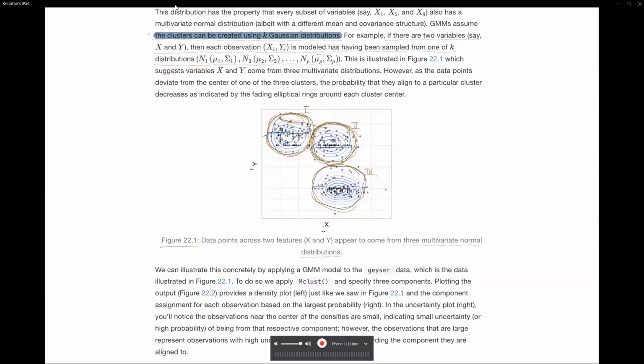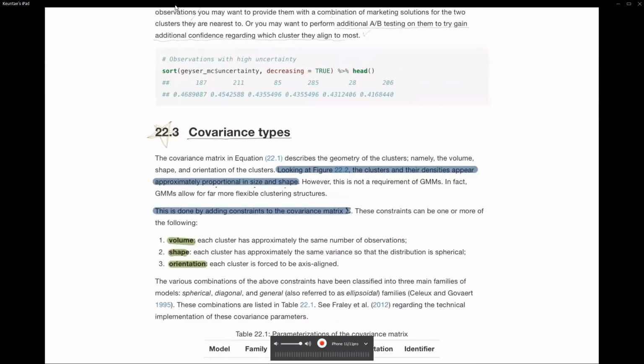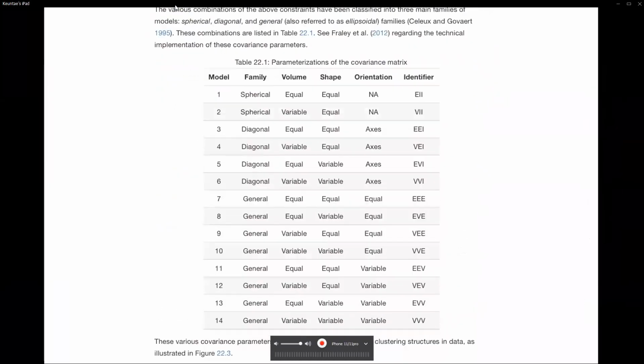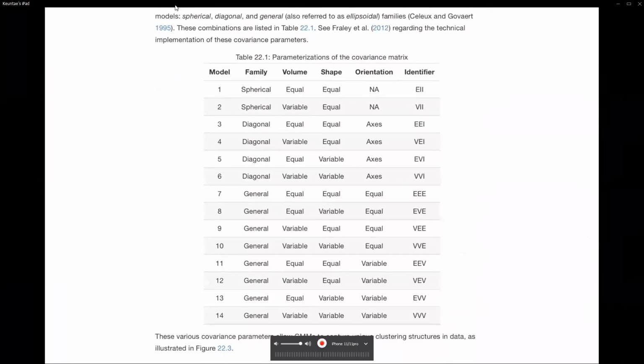At the same time, it also seems to have a quite circular shape. So shape, volume (size), and orientation are sometimes very important in how we group our observations into several clusters. There are actually 14 different variations in Mclust that take all of these things into account. Okay.